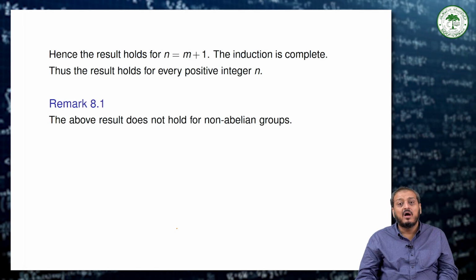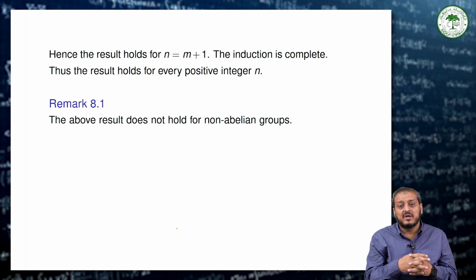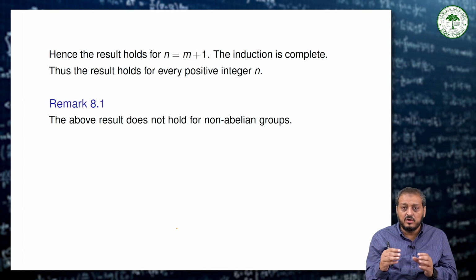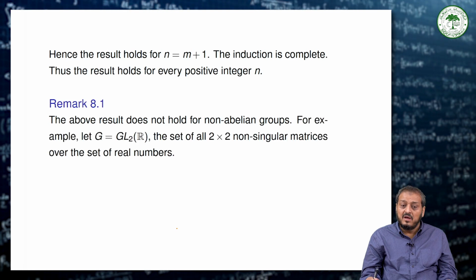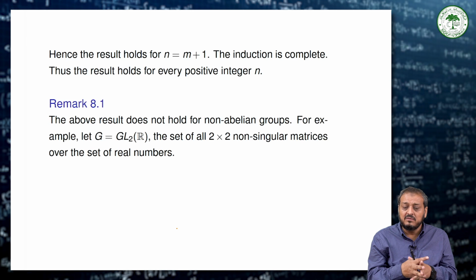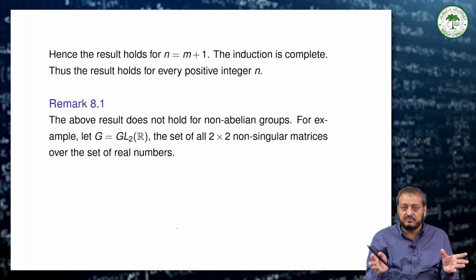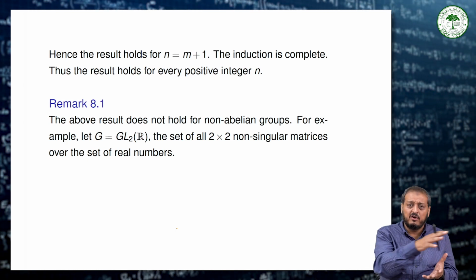Now we provide an example where you can easily check that this result is not true for non-abelian groups. For example, I take G as GL2(R), the set of all 2 by 2 non-singular matrices over the set of real numbers.